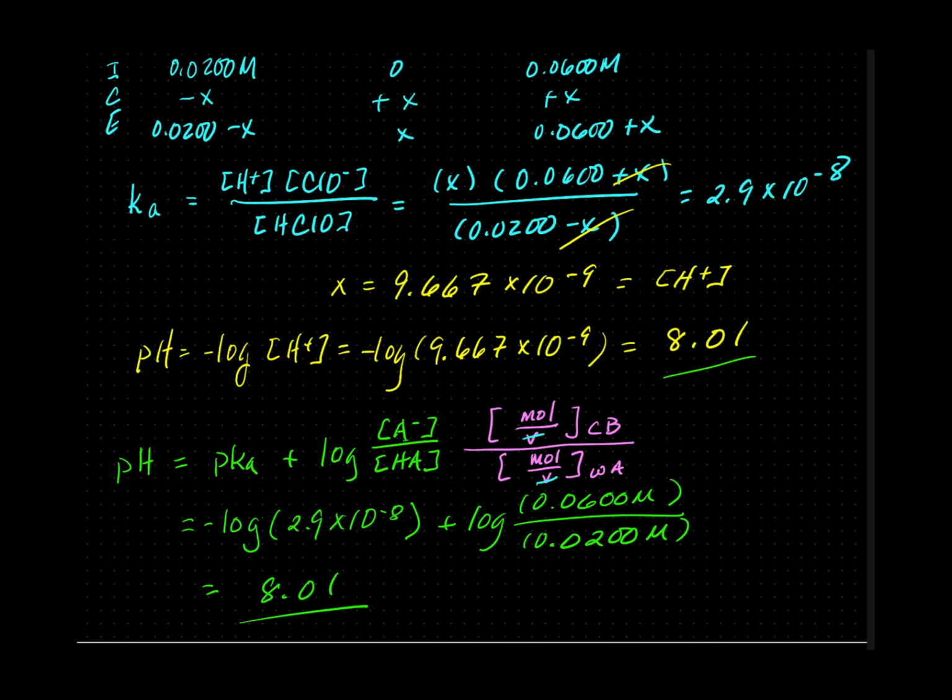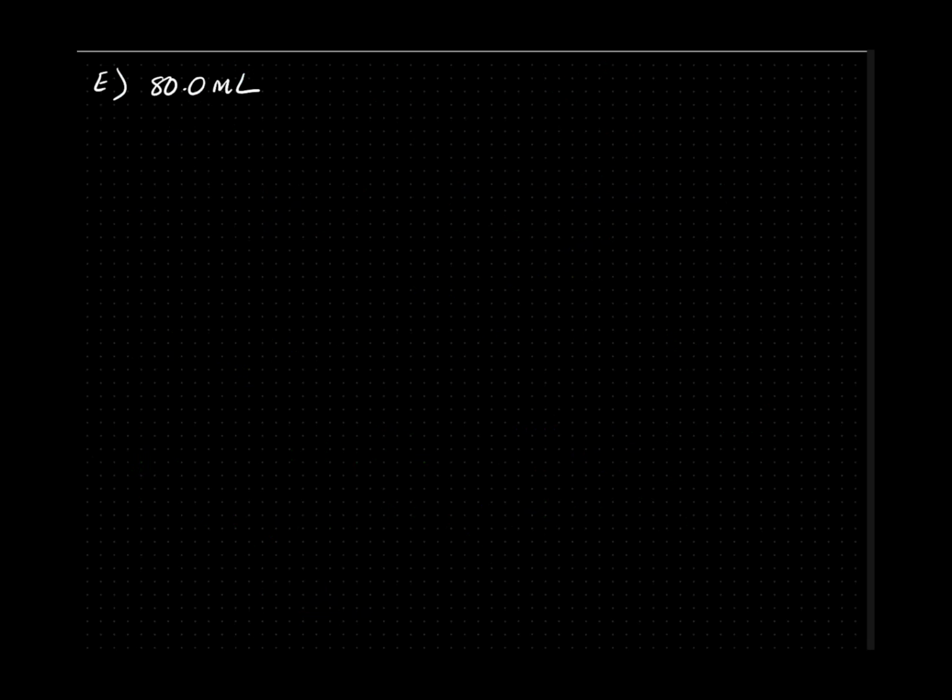So it actually just becomes the log of the moles of the conjugate base over the moles of the weak acid. Either method works. This is a lot faster. It is up to you. Just do it correctly. Now 80 mLs of the KOH is added to the weak acid.